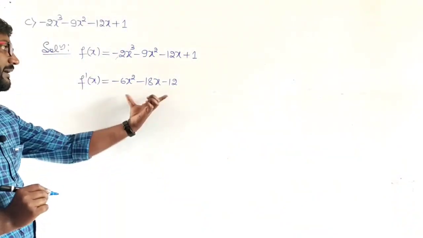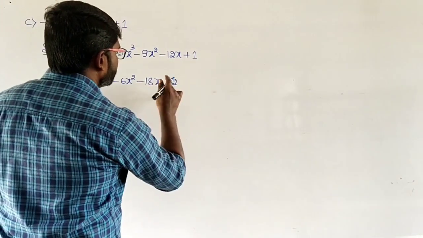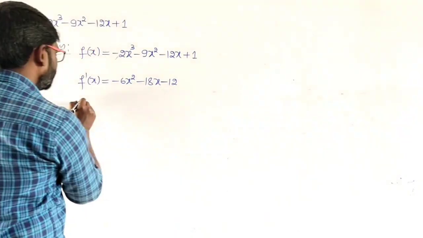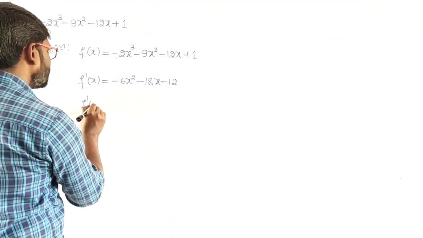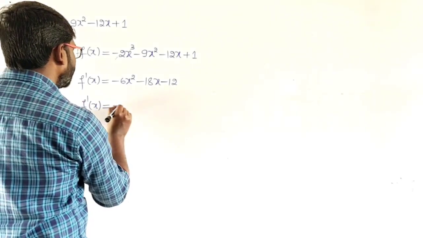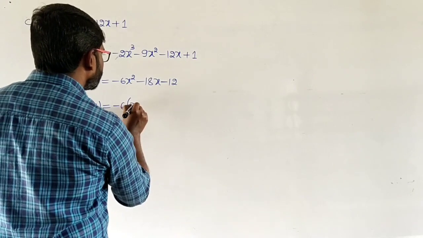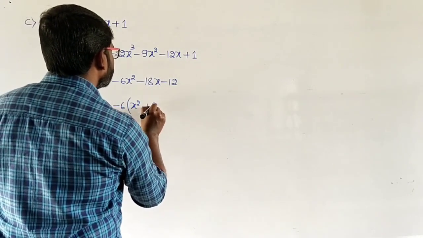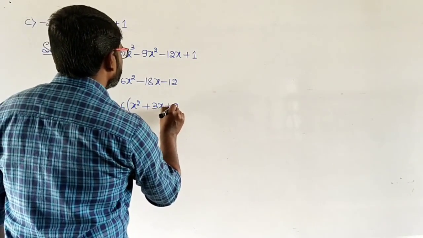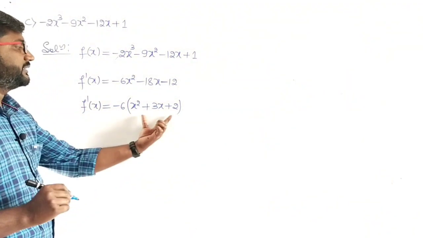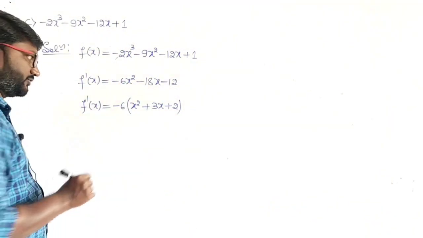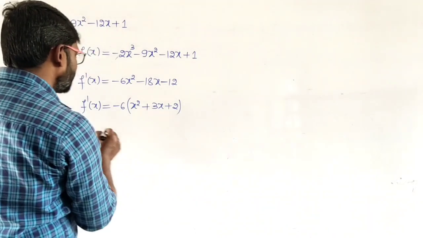So now take minus 6 common here. F dash of x, which is equals to, so I'll be taking minus 6 outside. What do we get now? Inside the bracket it is x square plus 3x plus 2. Multiply minus 6 with these three terms, you get back the previous term. So now how do you write x square plus 3x plus 2?